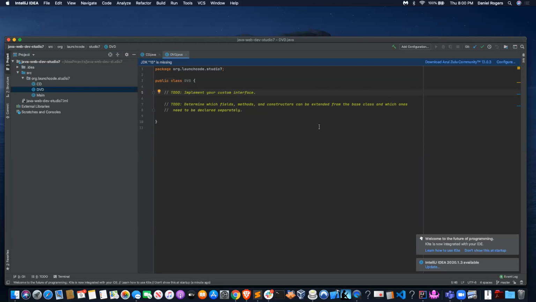Yeah, I didn't know that. That's helpful. I've definitely used TODO before, but in VS Code it doesn't do that. I'm sure there's an extension you could get to do that, but that's cool. It makes it stand out a little better.